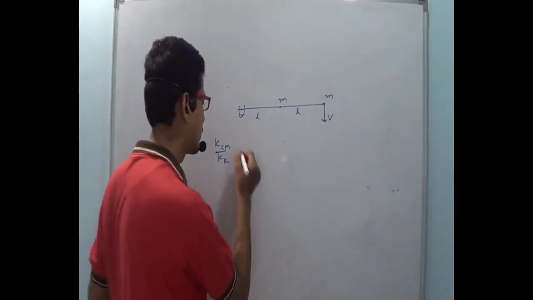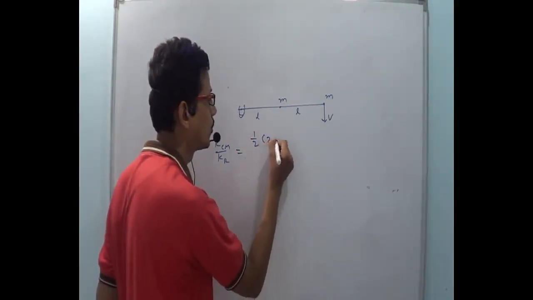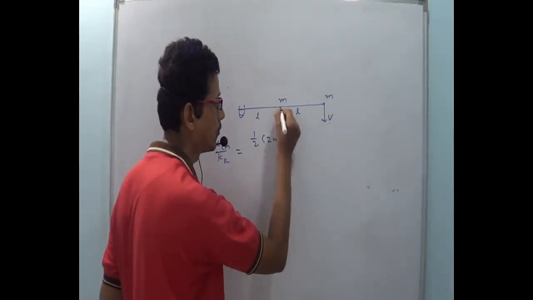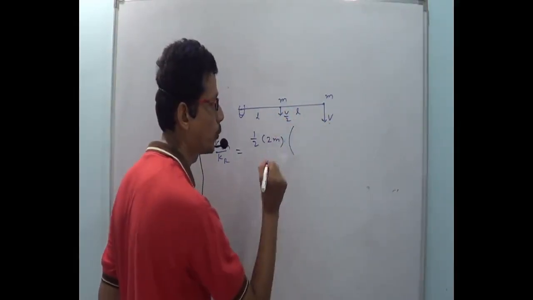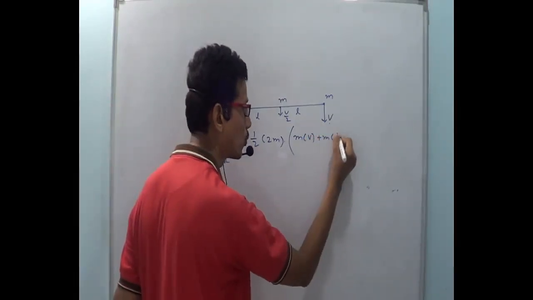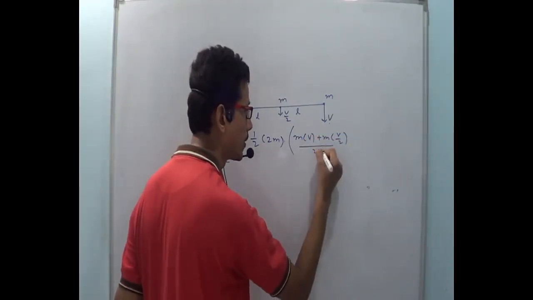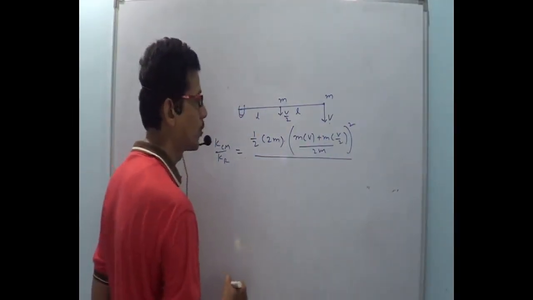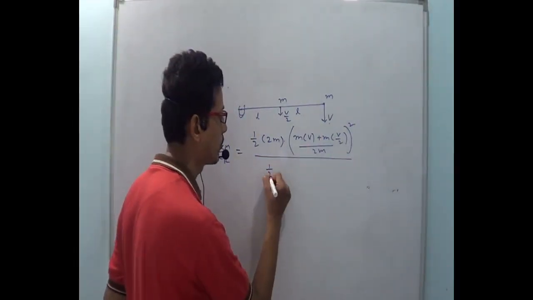What is kinetic energy of center of mass? Half into 2m into velocity of center of mass square. If the speed of this is v, the speed of this will be v by 2. Velocity of center of mass is (m1 v1 plus m2 v2) divided by (m1 plus m2), whole square, divided by the rotational kinetic energy, half I omega square.